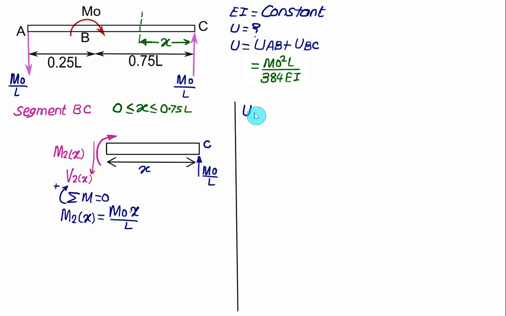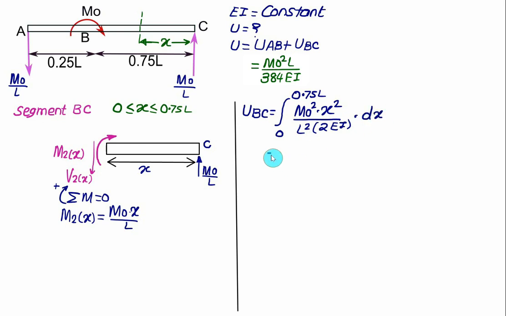So we have the strain energy for BC equal to the integral from 0 to 0.75, that is 3 by 4 L, of Mx square. Mx square is the same as M0 square into x square divided by L square, further divided by 2 times EI, and multiplied by dx.